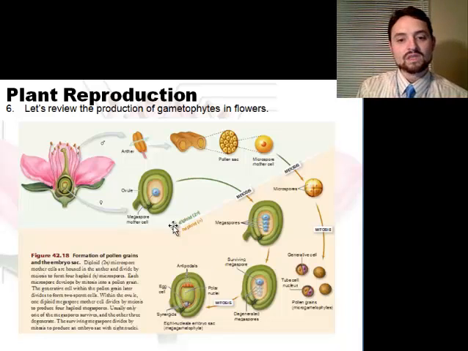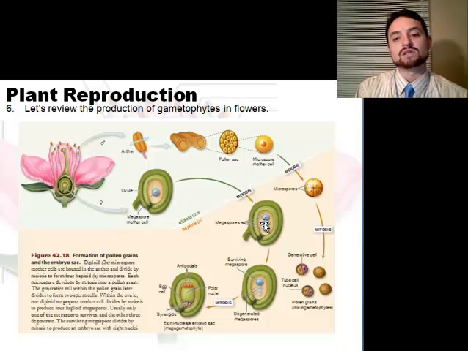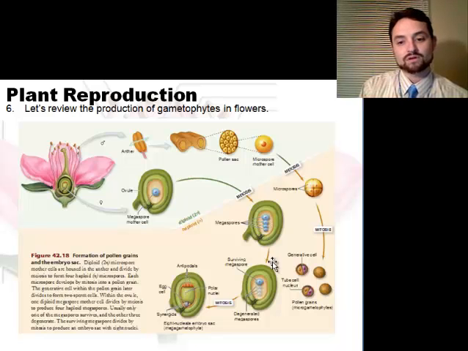On the female side, you have the ovule, and in the ovule you'll have the megaspore. This megaspore will produce, through meiosis, the egg cells as well as the polar nuclei that will be involved in double fertilization.